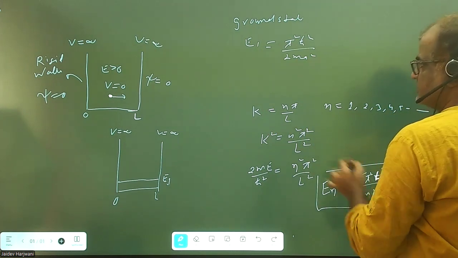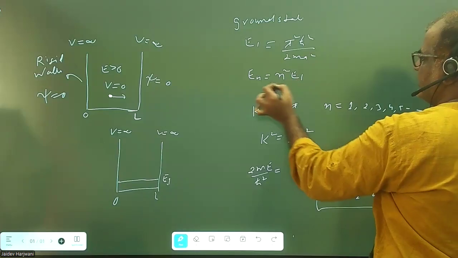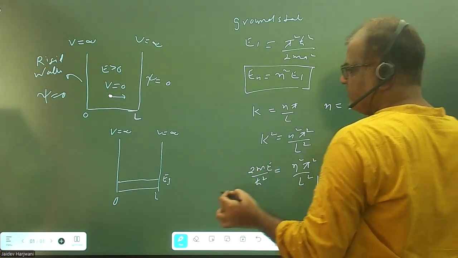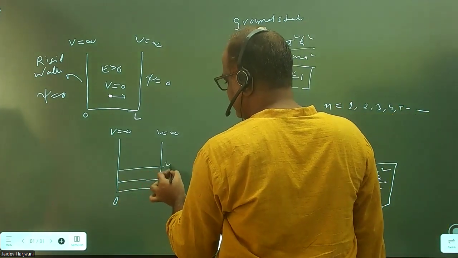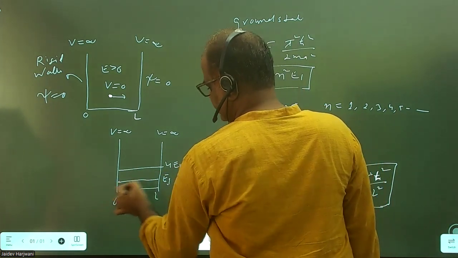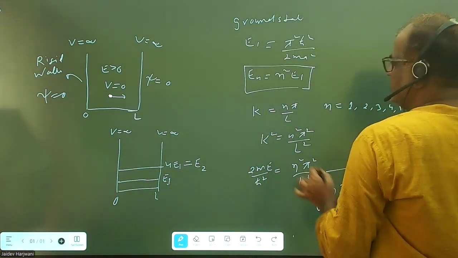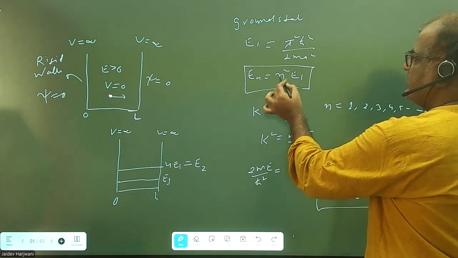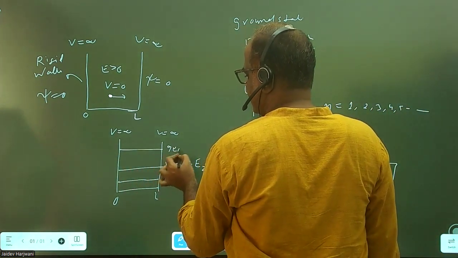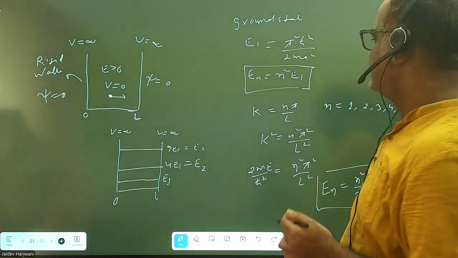So these levels can also be written as n square E1. So my next level will be 4E1, which is my energy level E2. Similarly, E3 will be 9E1, and like this E4 will be 16E1.